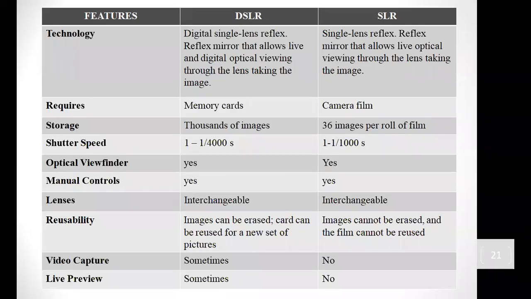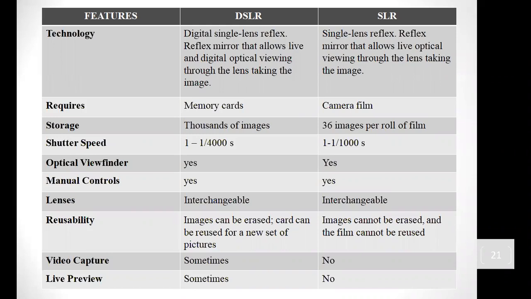If you want to talk about reusability, in your SLR, the films that are exposed, if you take out the film, you cannot use it again. Whereas in your DSLR, if you have a memory card, you store your photographs or videos, transfer them to another device, make the storage card empty, and again you can reuse it.